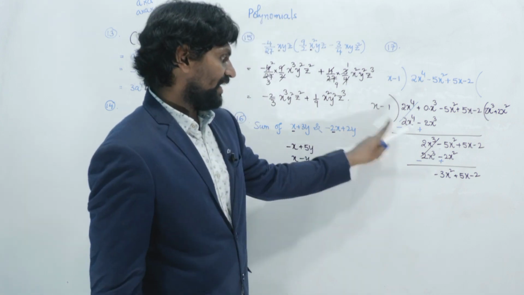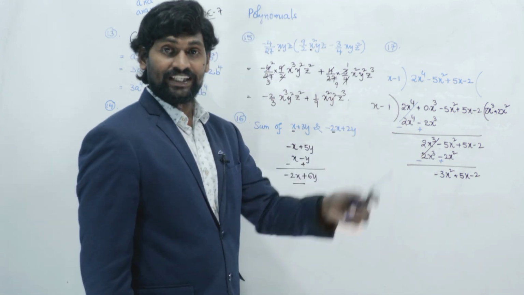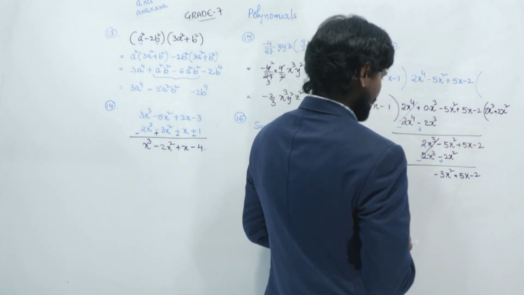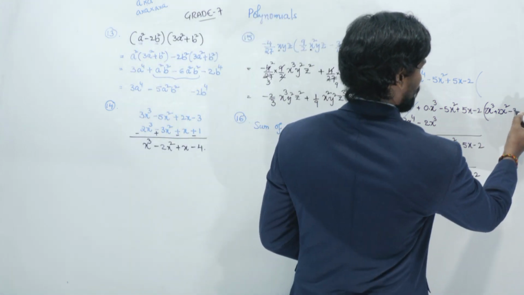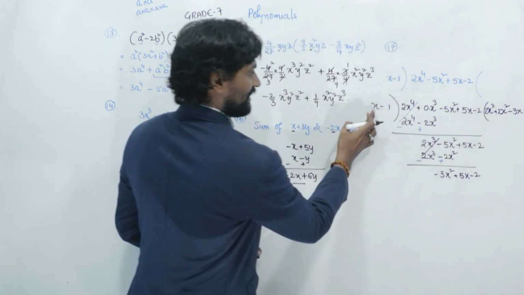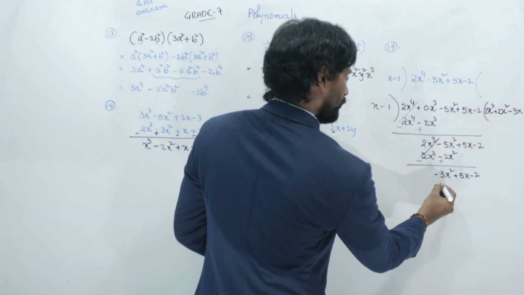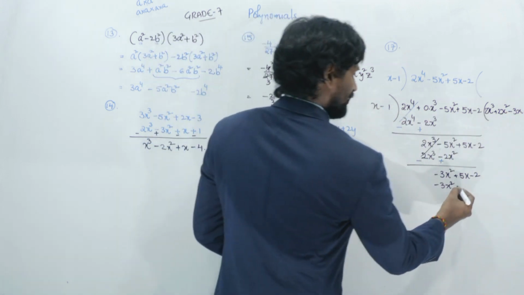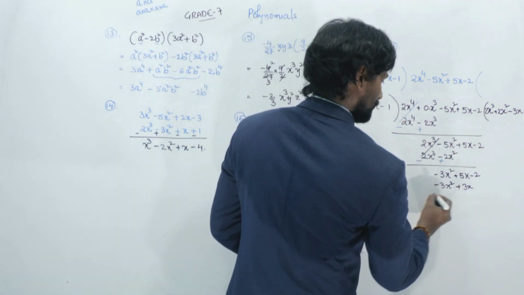Again here x square, so x into x becomes x square. Here minus 3 is also there, so minus 3x we should take. Minus 3x into x, minus 3x square. Minus 3x into minus 1, plus 3x.